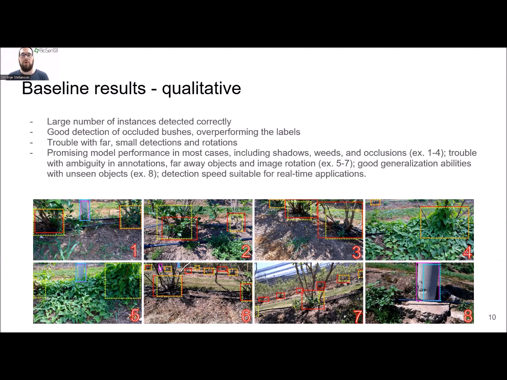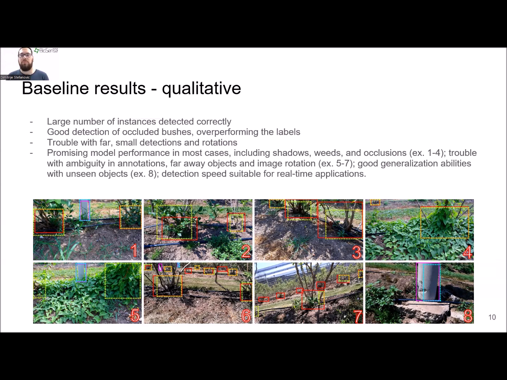We obtained promising model performances in most cases, even when shadows, weeds, and occlusions were included. The models had trouble with ambiguous annotations, faraway objects, and image rotations, and we got good generalization abilities with unseen objects.